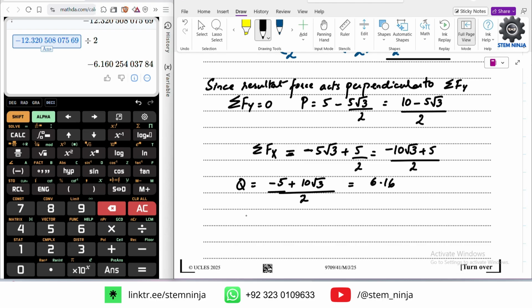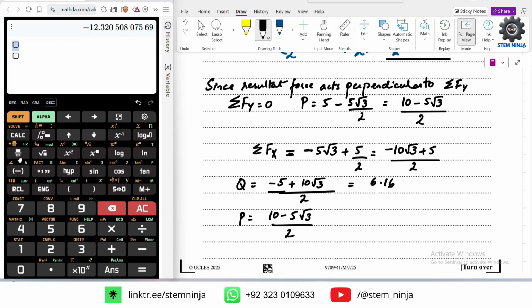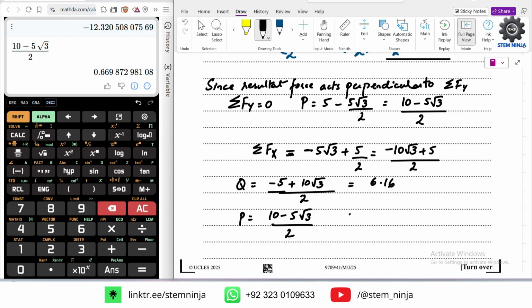Alright. Therefore P is that value. We can write for P also (10 minus 5 root 3) divided by 2, 0.669, so 670.